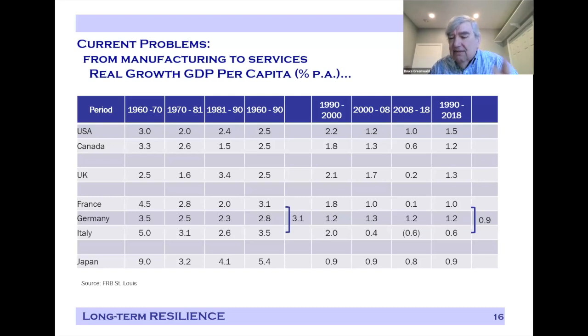At 3%, incomes double every 24 years. At 0.9%, they double every 80 years. The formerly lagging economies in the UK and Canada and the US, although Canada is not so much, I think of the US and the UK as being particularly successful service economies, do better, but they don't do as well as they did before.